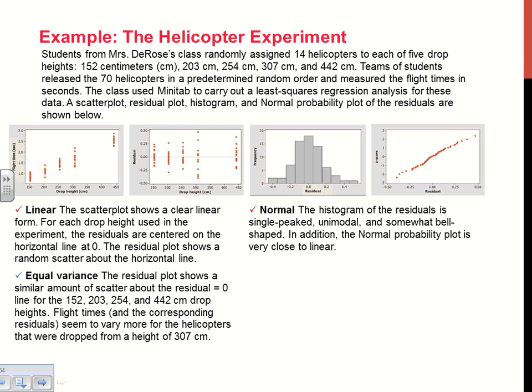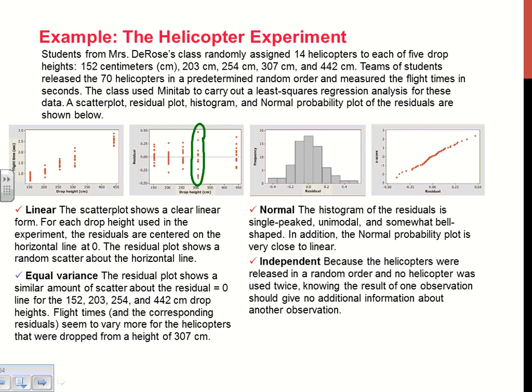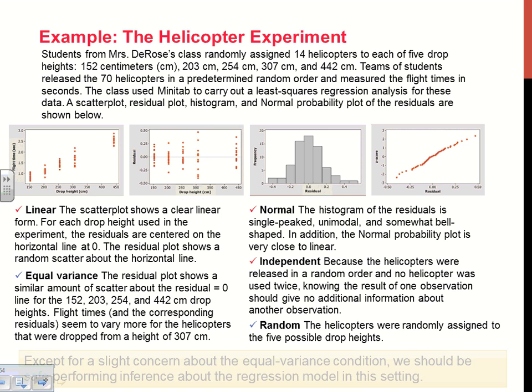So flight times and the corresponding residuals seem to vary more for the helicopters that were dropped from a height of 307. You can definitely see that there, right? Independent, because the helicopters were released in a random order and no helicopter was used twice, knowing the result of one observation should give no additional information about another observation.